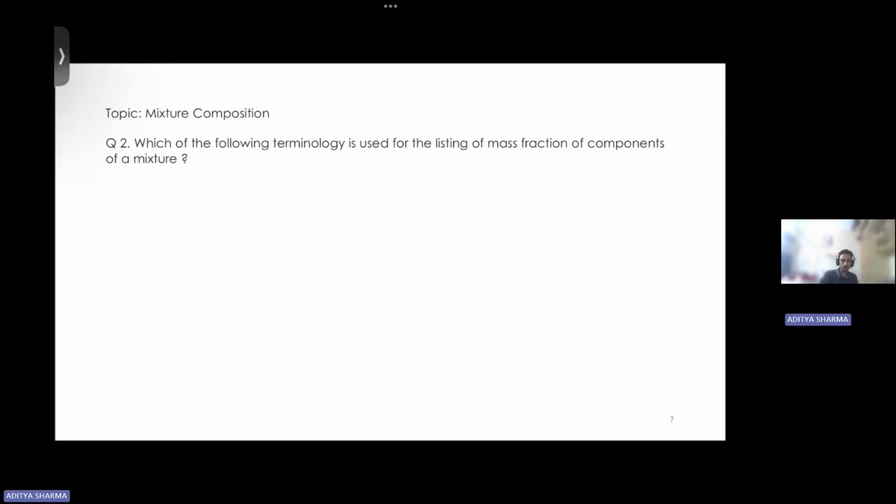Now moving on to the next question. You can try to answer this question. The question again is based on mixture composition.